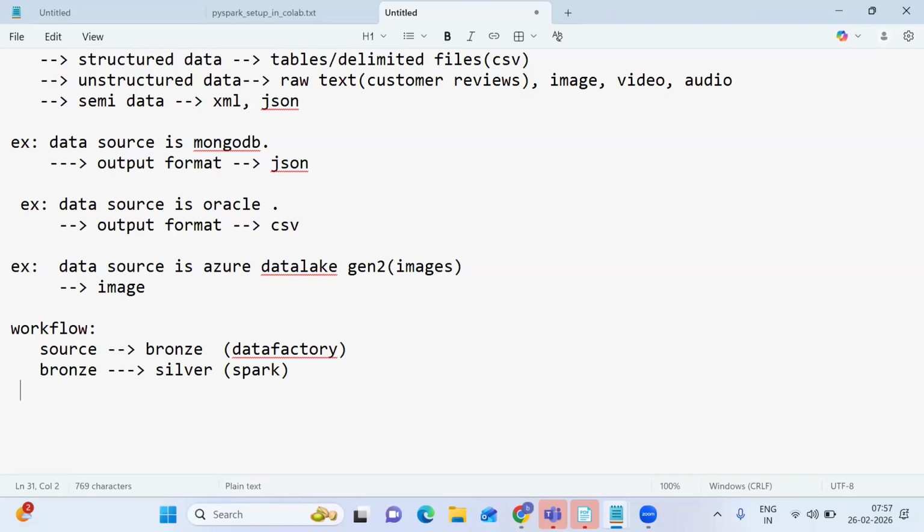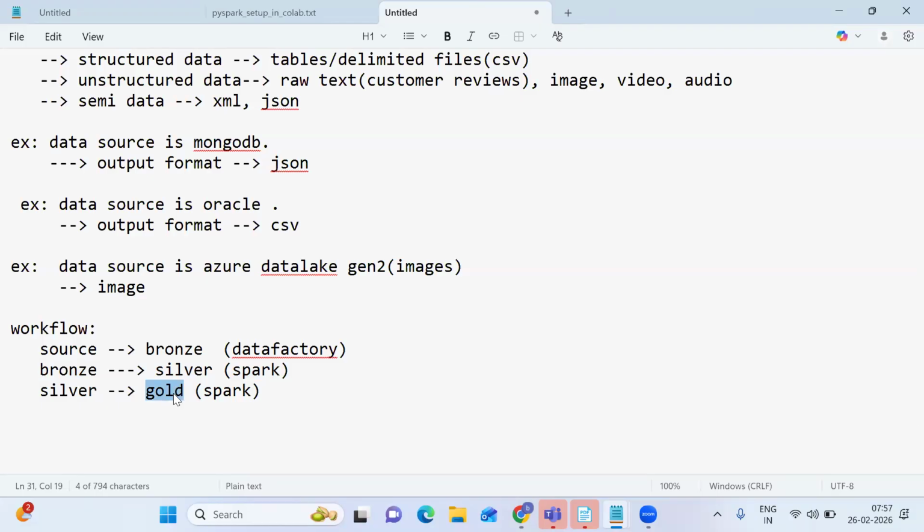Again, silver to gold, the final aggregated reports: here also I use Spark. Bronze here is not a classification of data; treat bronze as raw data. After you access it from the source, that is raw data. After that, you clean the data and perform transformations. That is the mature data, in silver. Finally, the business analytics and data analytics ready data is in gold.